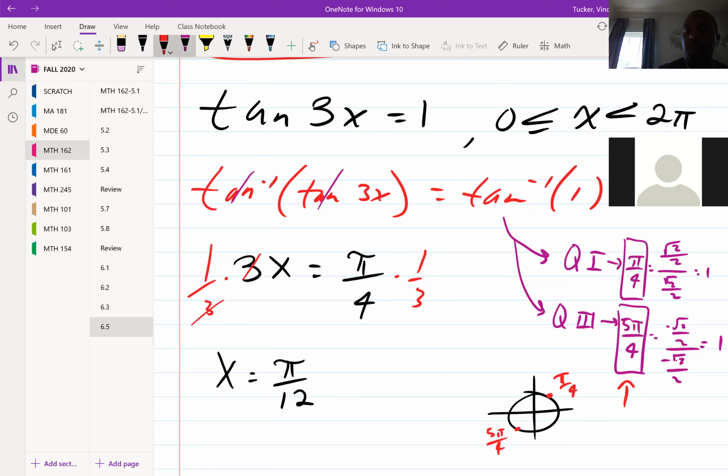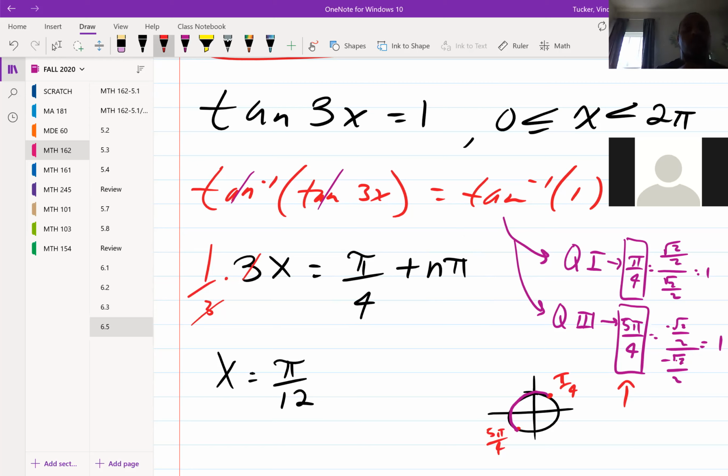And what we can do is actually use a period of pi. I probably should have done that over here. Okay, let's write my n pi over here and multiply that whole thing by 1/3.